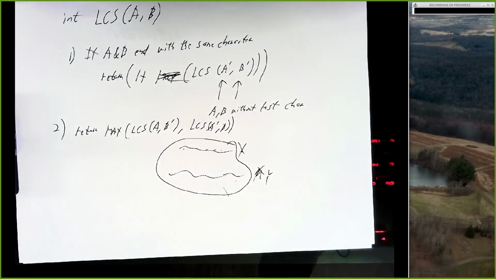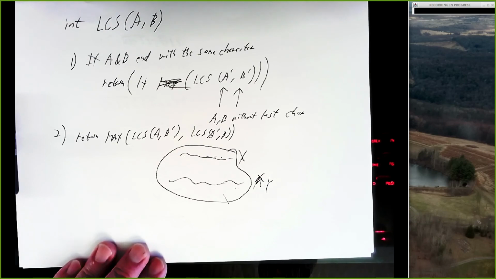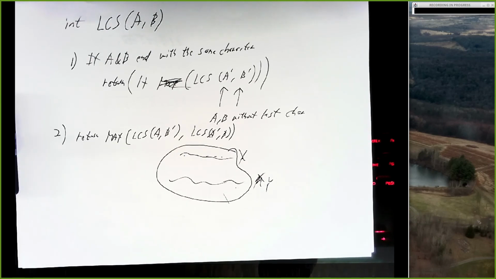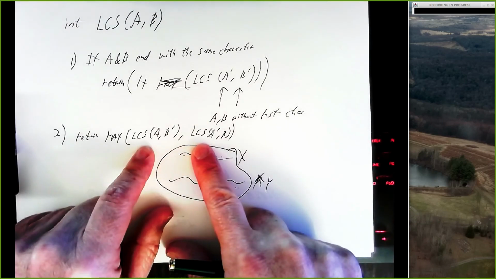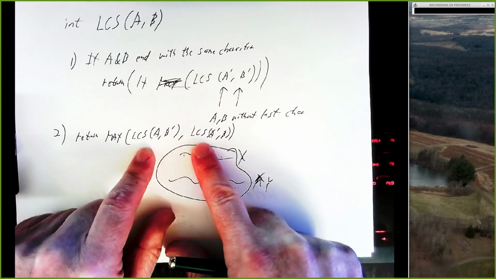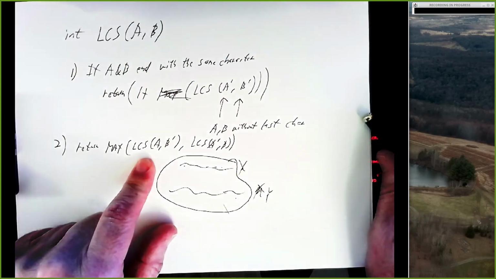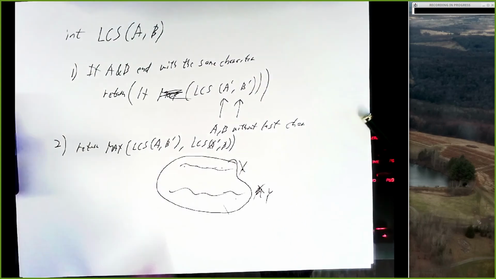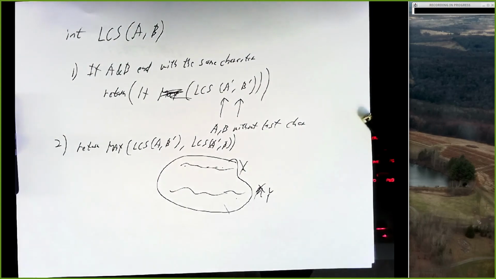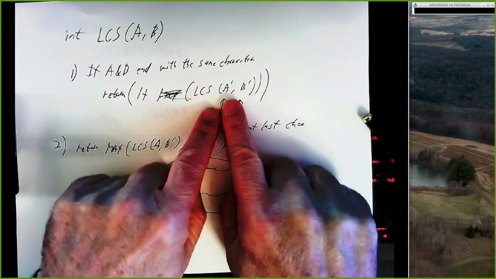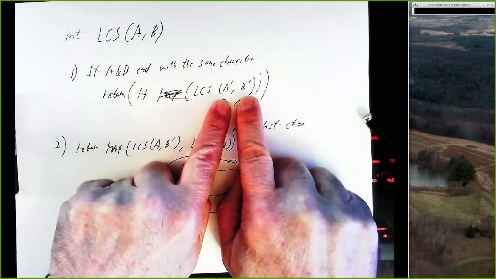And the reason we're doing that is because for this kind of recursion to work, the recursive calls have to be in some sense simpler. We can't just call with the exact same arguments A and B because we'll recurse forever. We can't call with arguments that are going to require more recursion. We need to somehow be working down to some kind of base case. And so in this case, A and B are both going to be 1 character shorter.